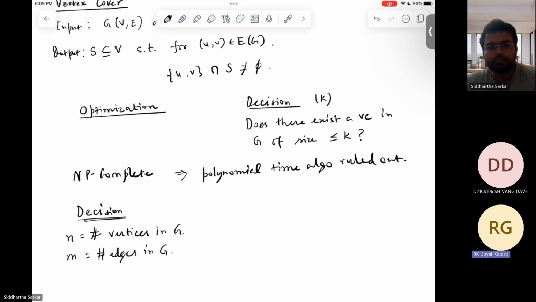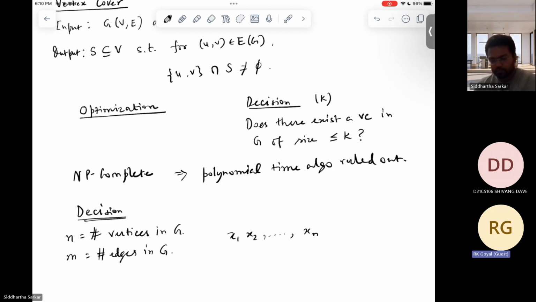So I can generate, say, some binary strings whose length is equal to the number of nodes of the given graph. Whenever I assign one, it shows that yes, that vertex is part of the vertex cover. Once I identify these vertices which are part of the vertex cover, I can verify in polynomial time, of the order of n square, whether indeed this is forming a vertex cover or not.